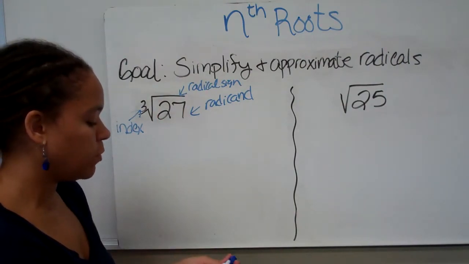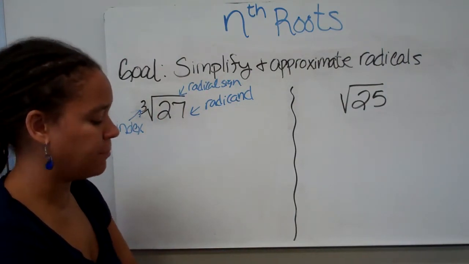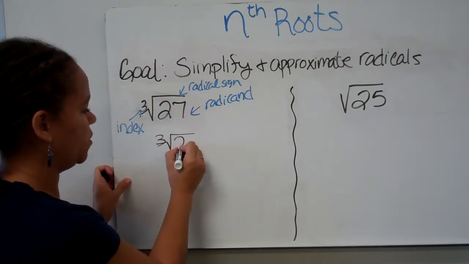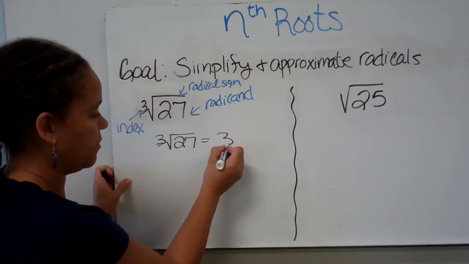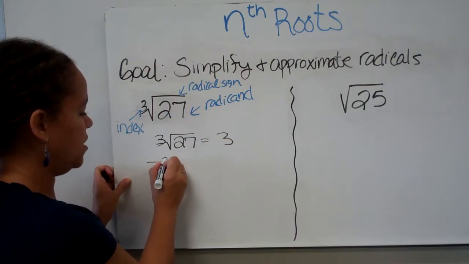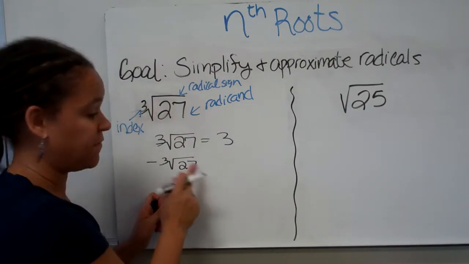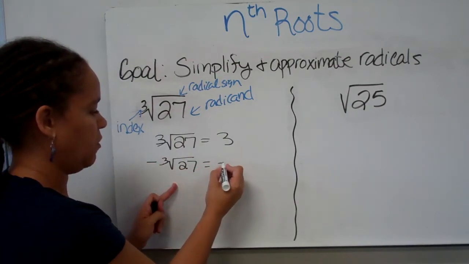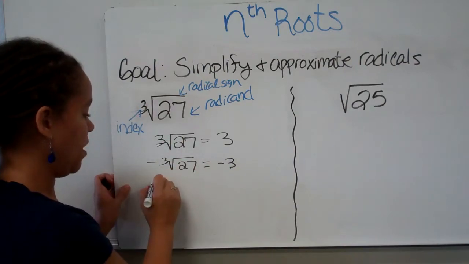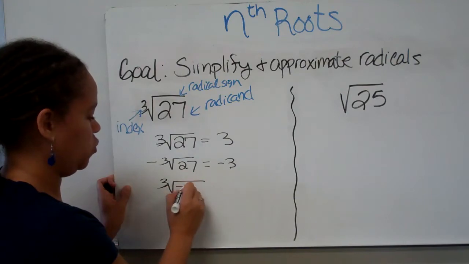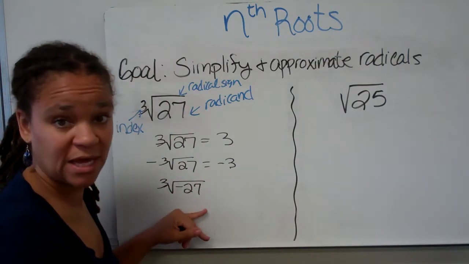So if we have the cube root of 27, there's a few things we could look at. Of course, if you just saw the cube root of 27, that would just be 3. You may also see negative cube root of 27, which would mean take the cube root of 27, then negate it. That would be negative 3. You may also see the cube root of negative 27.